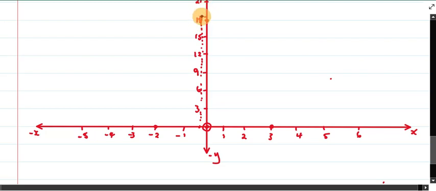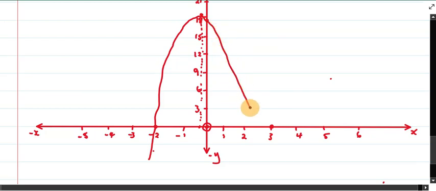Here's the point. This is a turning point. So my graph goes like this. It reaches the x-intercept here. When it reaches the turning point, it stands and goes down.